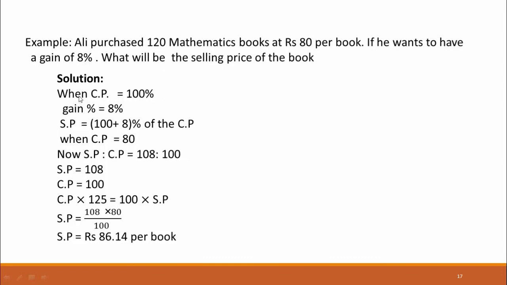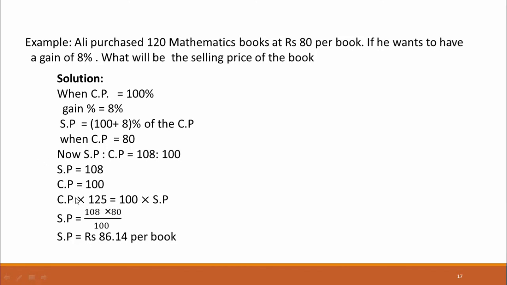The solution. The cost price is equal to 100%, gain percent is equal to 8%. So the selling price is equal to 100 plus 8 whole percent of the cost price. So when cost price is 80, now the ratio of selling price and cost price is equal to 108 ratio 100. Since selling price is 108, the cost price is 100.